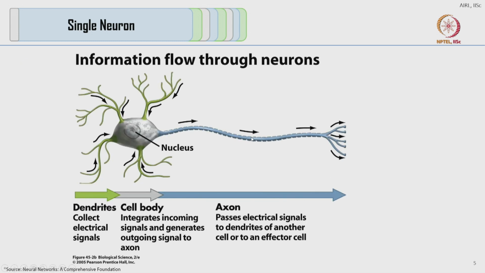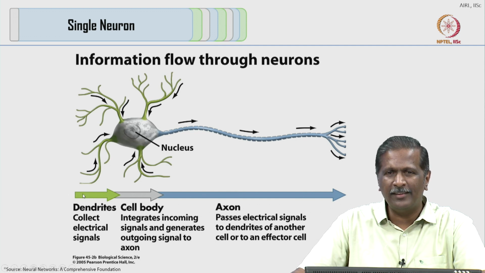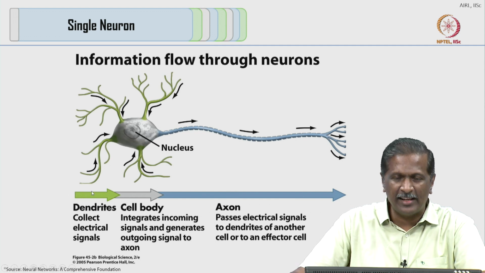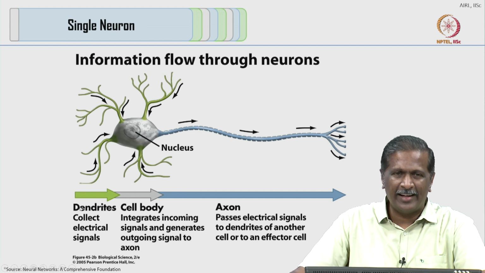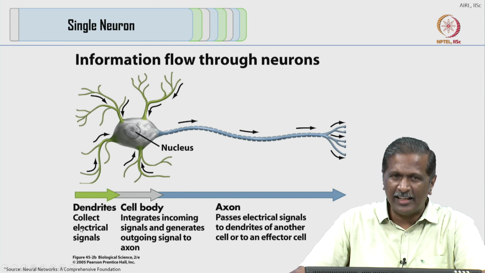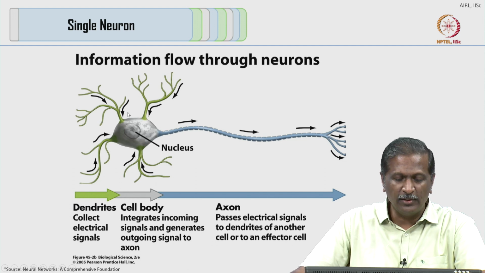Okay. So try to understand the signal flow through the neurons. We talked about it in that picture, but I just want to give more clarity here. The green one is the dendrites which collect the electrical signals. These electrical signals are collected and come to the nucleus, which is the cell body.